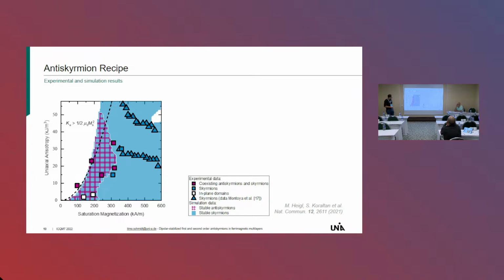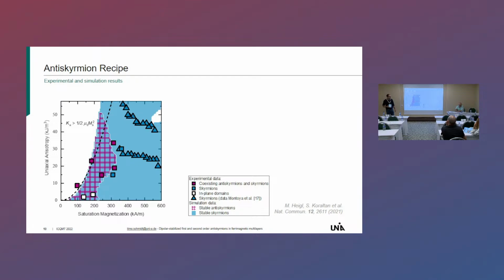And yeah, so that is basically the recipe to get anti-skyrmions. You have to somehow get in that phase pocket. But the question is, okay, we can make our samples so that they have this value of uniaxial anisotropy and saturation magnetization.